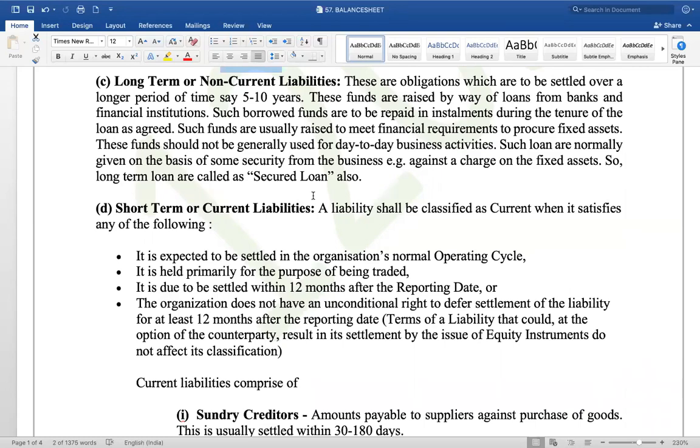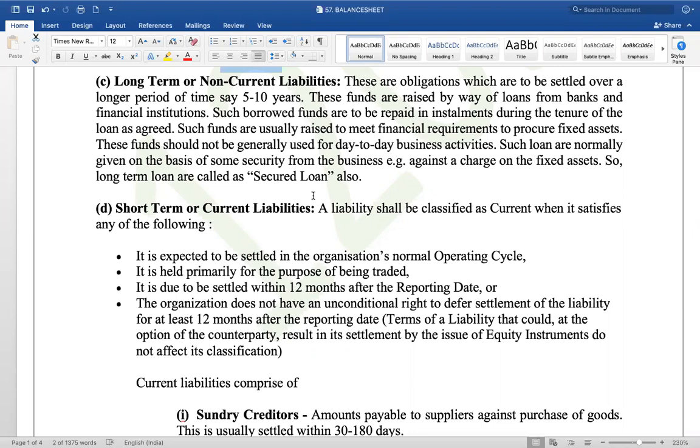But if the same money is supplied by a banker, that's called a loan. If the same money is raised from the debt market, that's called a liability. These are obligations which are to be settled over a long period of time. Therefore it is a long term liability or non-current liability.